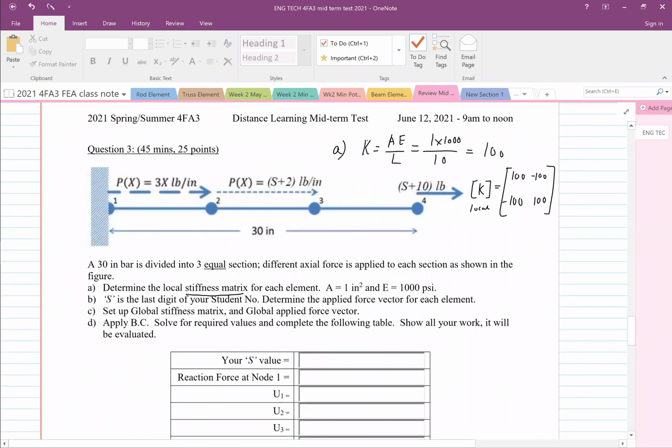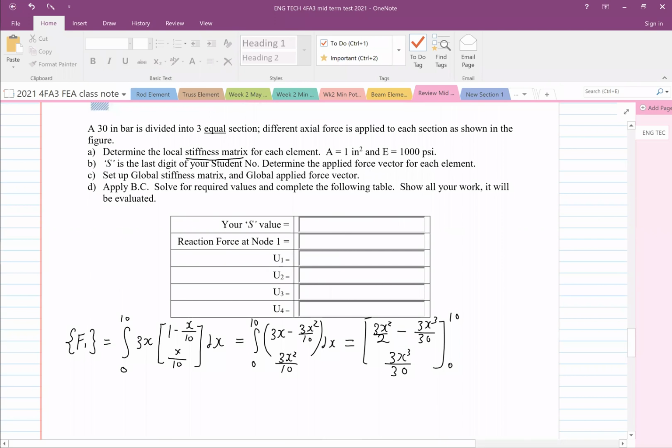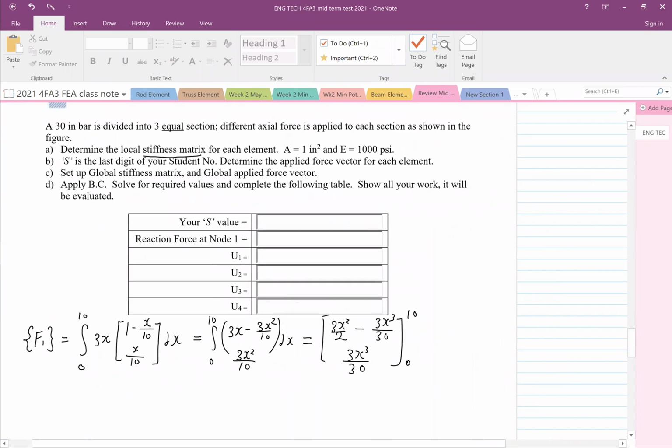Did I do it right? Yes. Yeah, so far. Which is x squared is 100, 300 over 2, which is 150, minus 10 cubed, 1000 over 30.